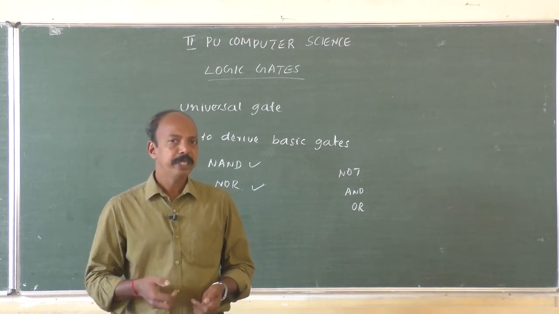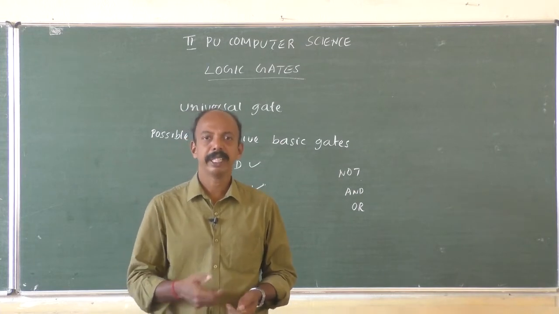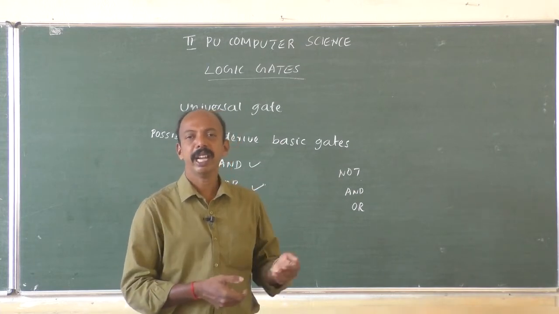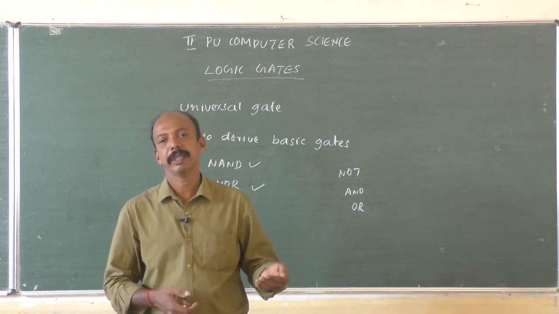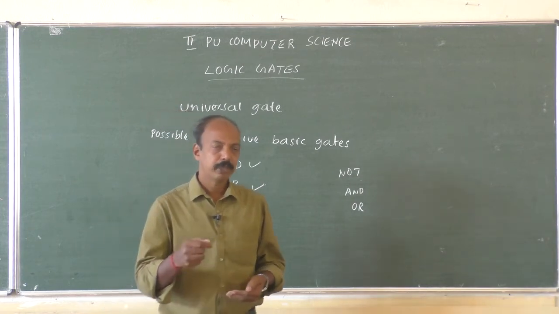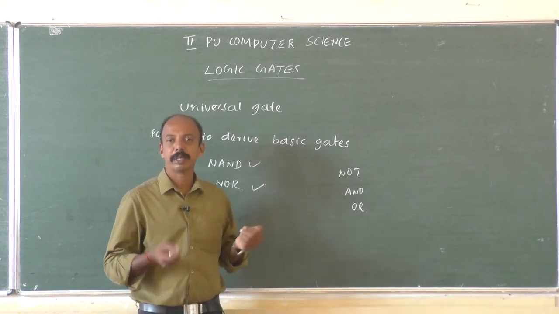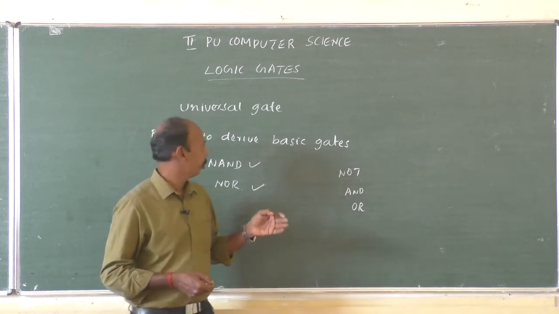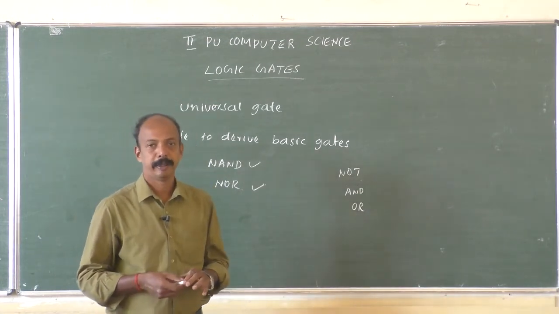That's why if it is possible to have the NOT gate, AND gate and OR gate from the NAND gate itself, we need not have a separate NOT gate circuit, separate OR gate circuit, separate AND gate circuit. As we have discussed earlier, producing the same type of gate will be easier as well as economical, right? That's why we will be making use of this universal gate. That's the importance of the universal gate.